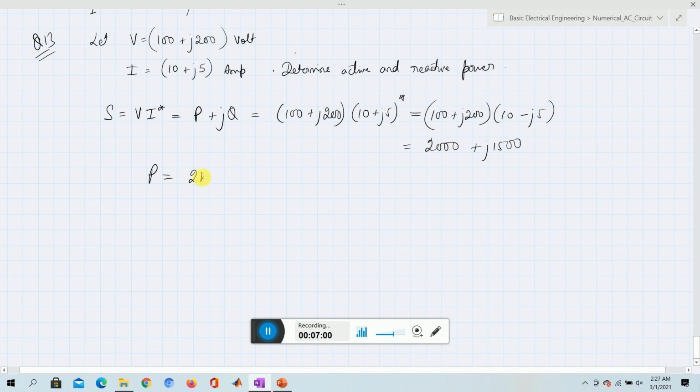We can write 2 kW, kilowatt. So 2 kilowatt is the active power, and the reactive power Q is 1.5 kilovar, small k, capital V, A and small r. So this is how you write the unit of the active power and the reactive power, and this is the answer.